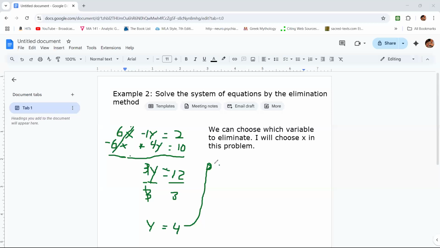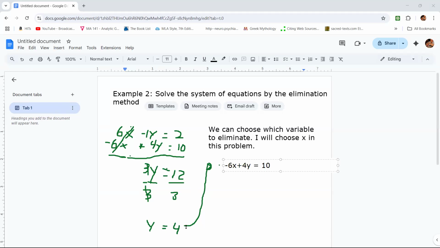I'm going to rewrite the second equation. I have negative 6x plus 4y equals 10.